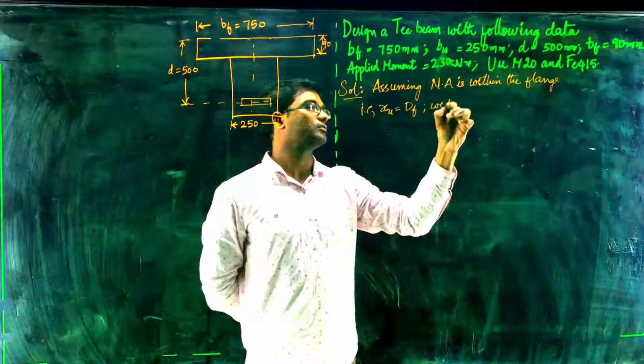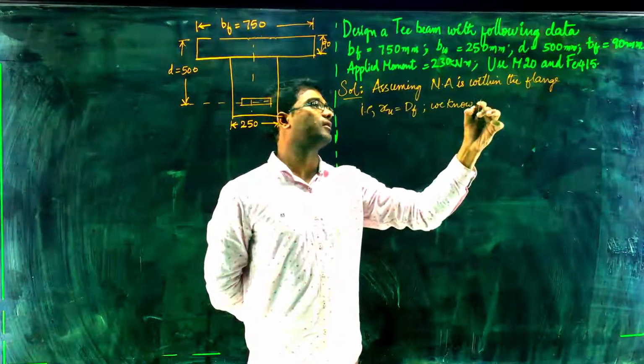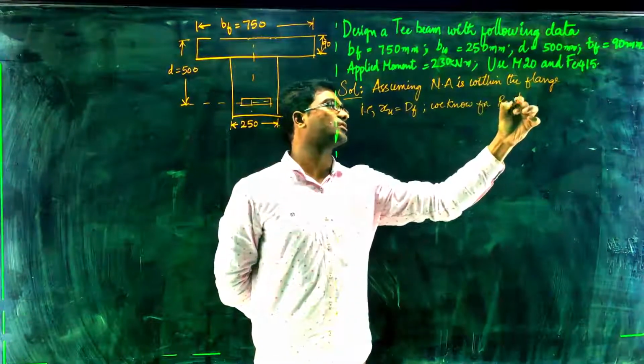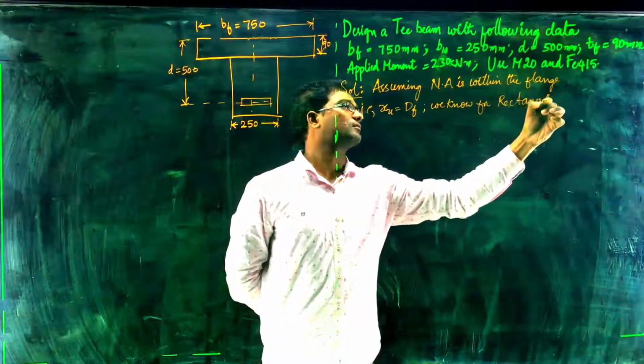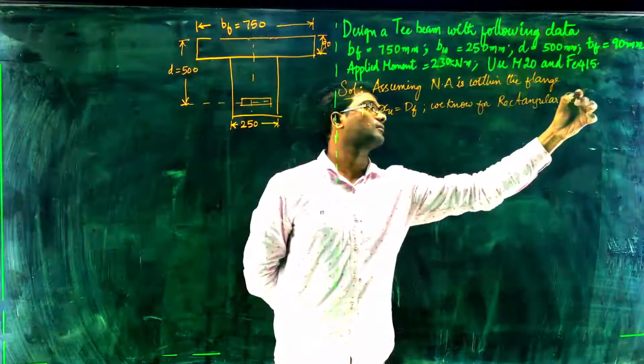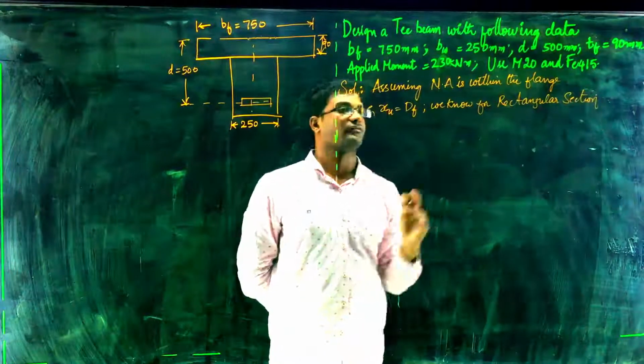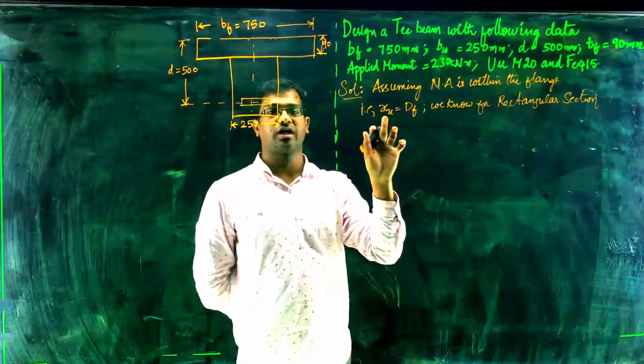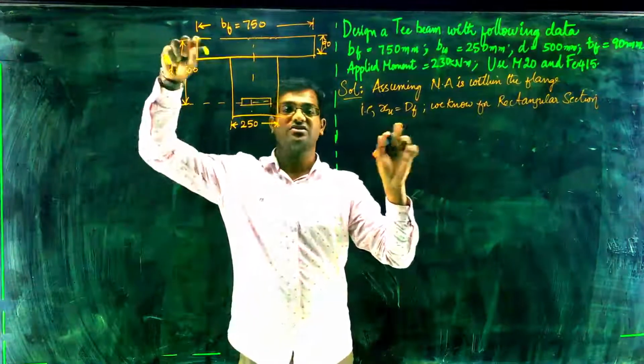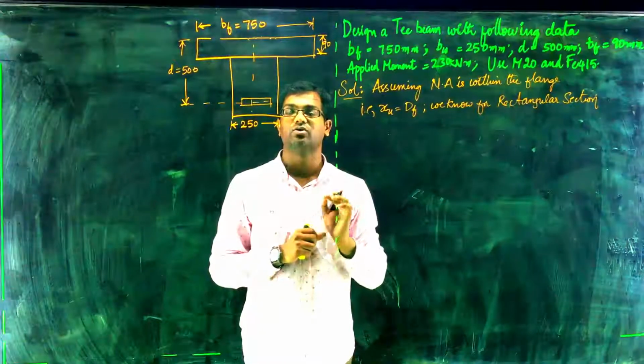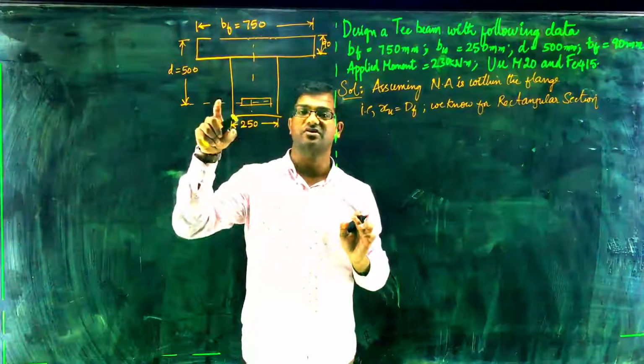We know for a rectangular section, we have already decided that when the neutral axis is within the depth of flange, as per clause G 2.1, this section should be treated as a rectangular section.